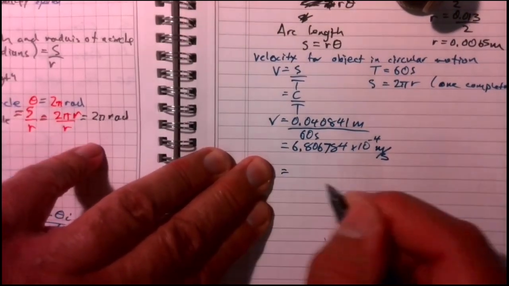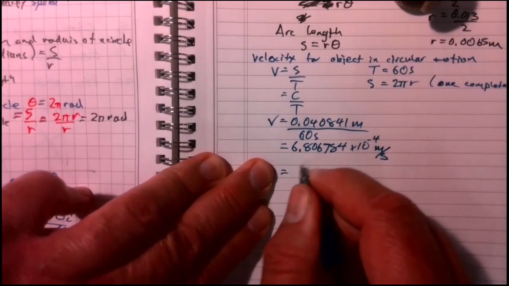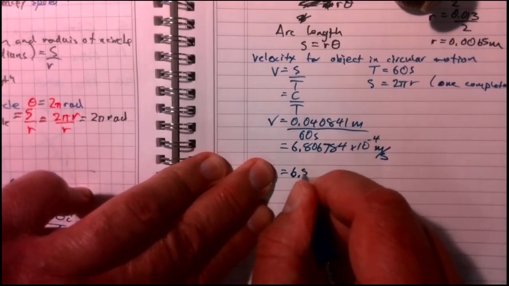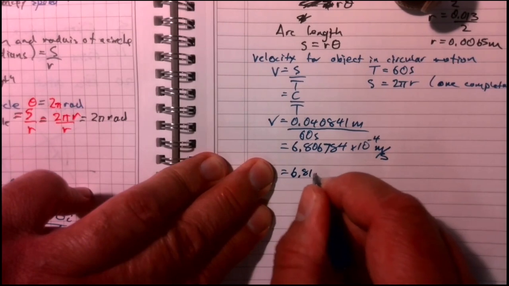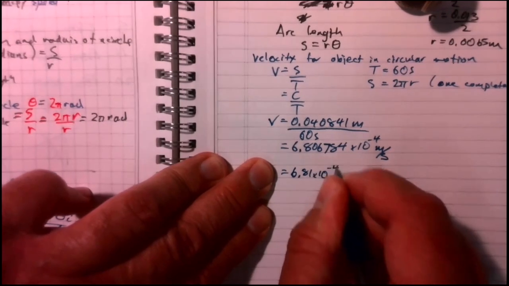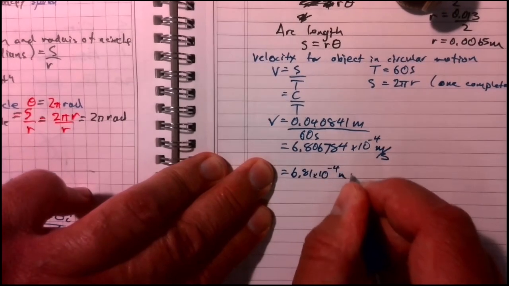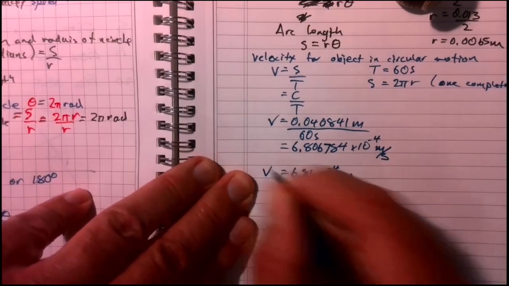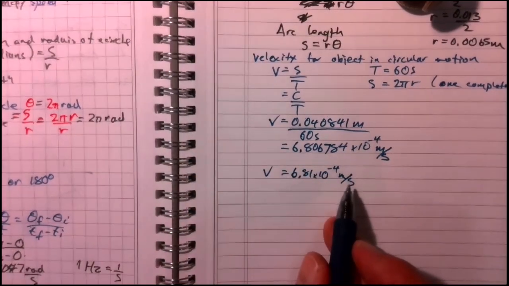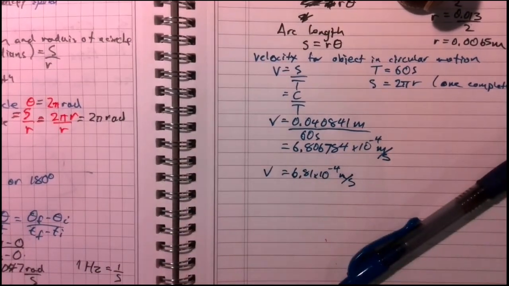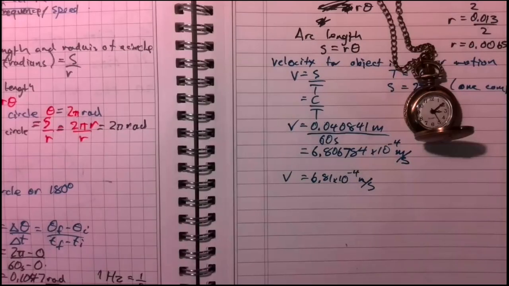We're going to round that off. We'll say that this is 6.81 times 10 to the minus 4 meters per second. Our units check out. We're in meters per second. I did this in meters per second, but I think the problem wants you to do it in centimeters per second.